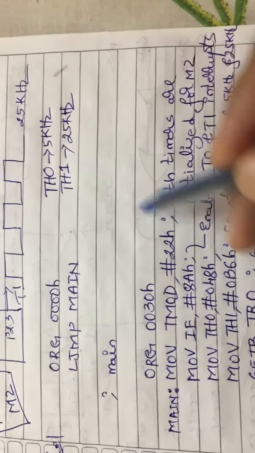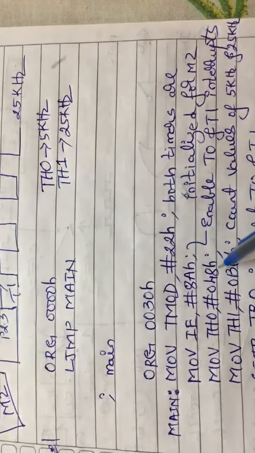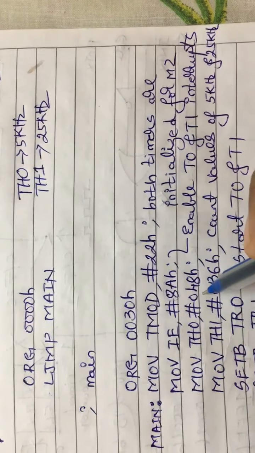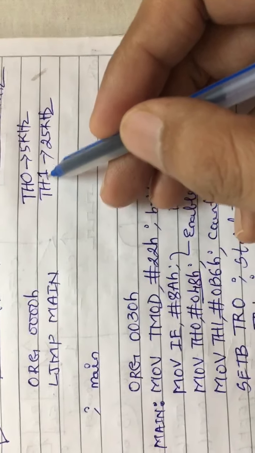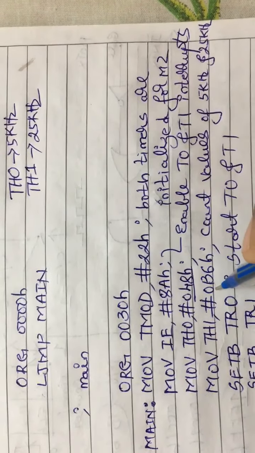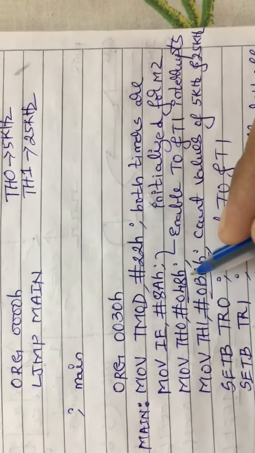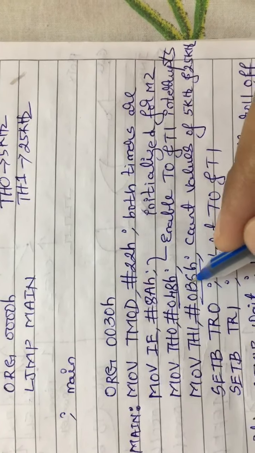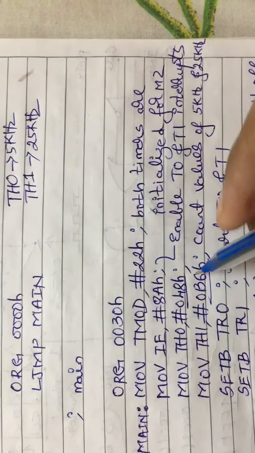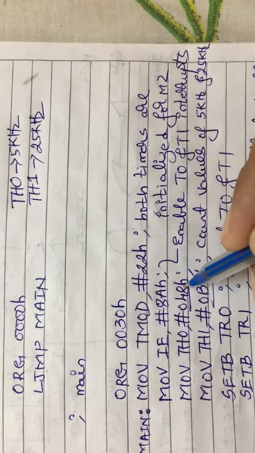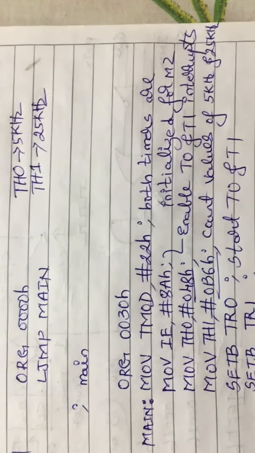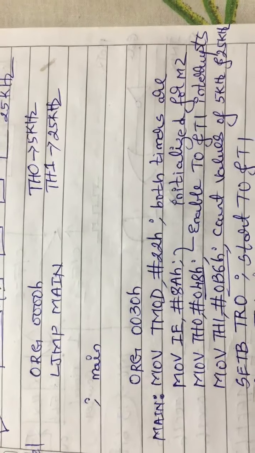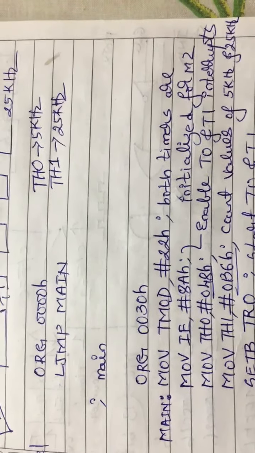Then find out the value of TH0. I hope you will get 048h, and for timer 1, TH1, you will get B6h. You can calculate whether these two are right or not. You just follow the procedure I gave in the last class in order to calculate the values of TH0 and TH1.